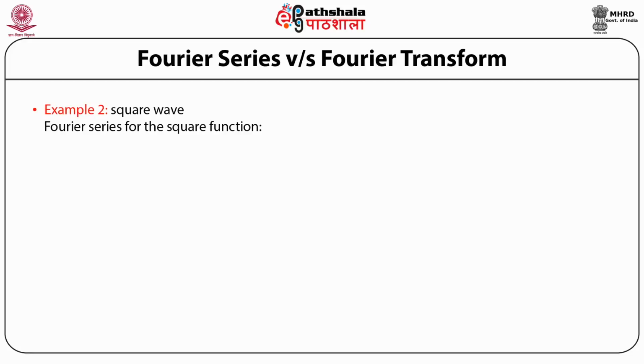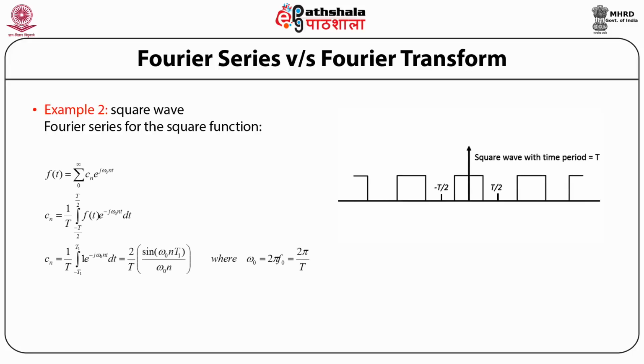Let us assume there is a square wave which is repeating as shown in the figure. Now Fourier series for the square function: you take f of t, then you calculate the Cn, where Cn will be equal to 1 by T, which is the time period, integral from minus T by 2 to T by 2, f of t e power minus j omega naught n t dt.